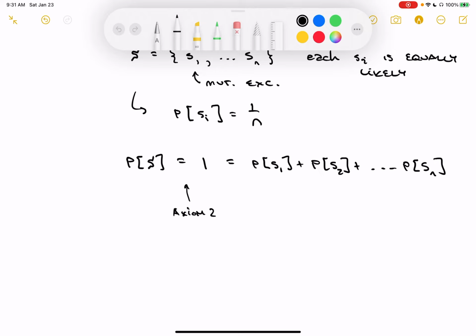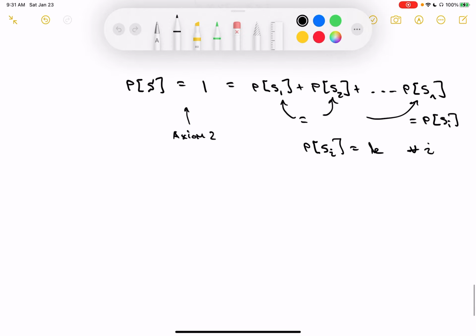But each one of these is equal. So I'm just going to call it the probability of Si, or we could say that the probability of Si is equal to some constant k for all i.